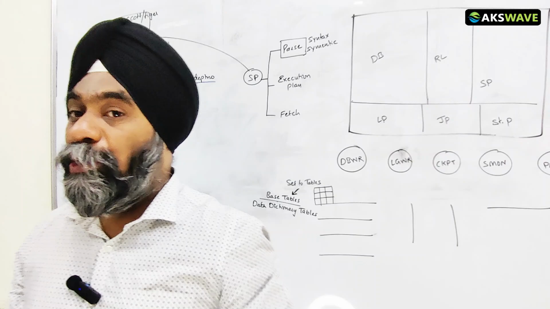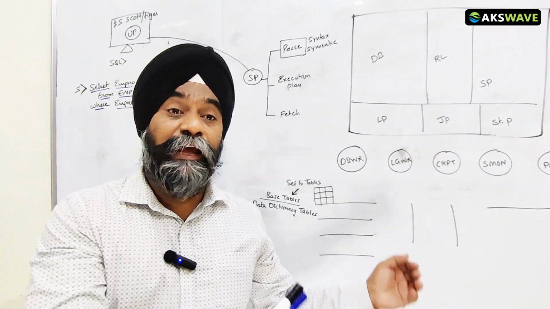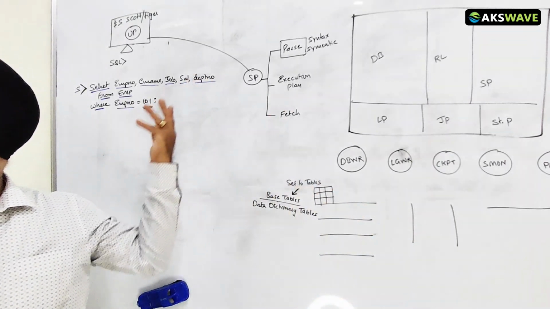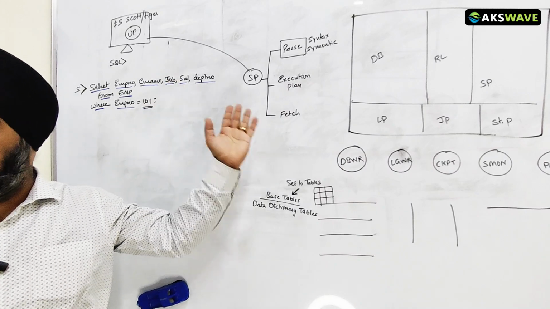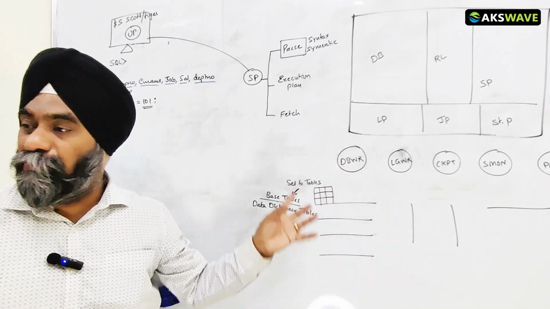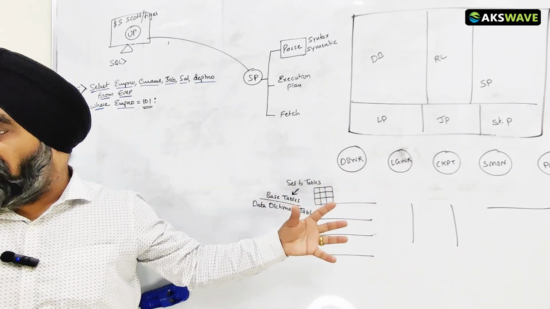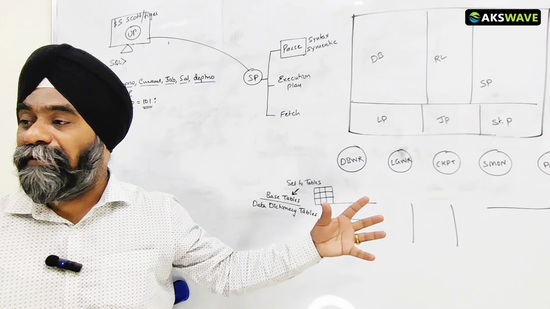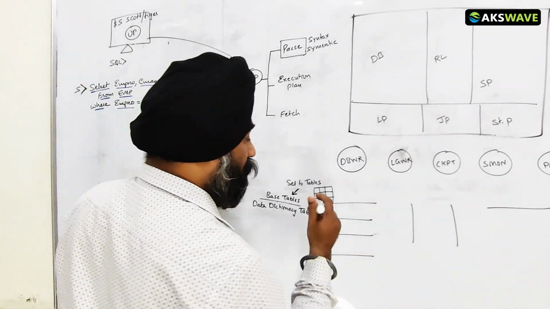In my database, how many users there are, what tables they created, what the columns are, the names and sizes, permissions. All this information about your database objects is called metadata. Understood, please?